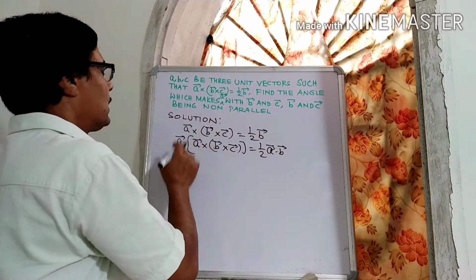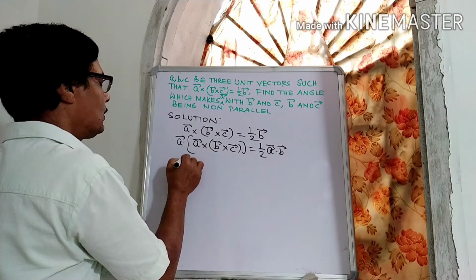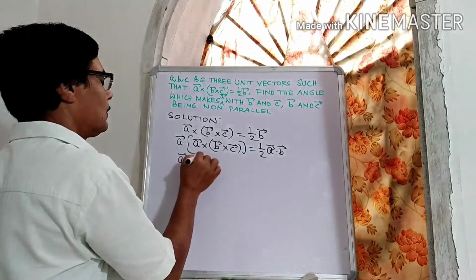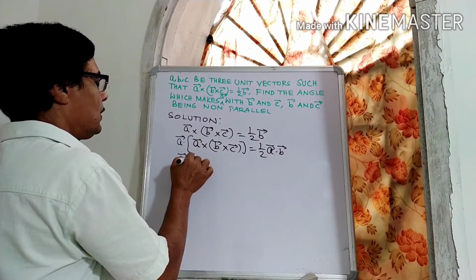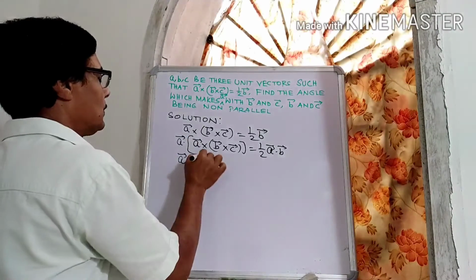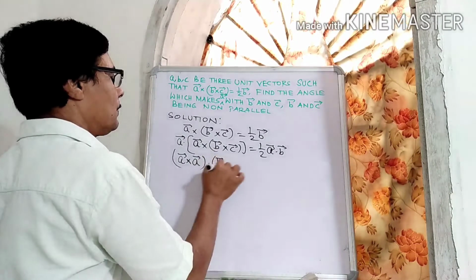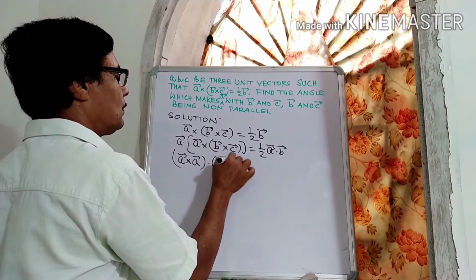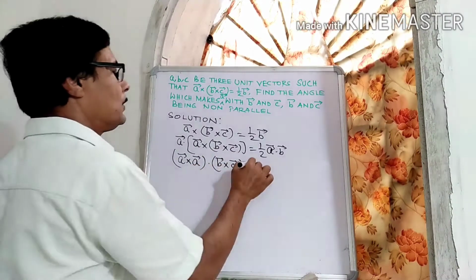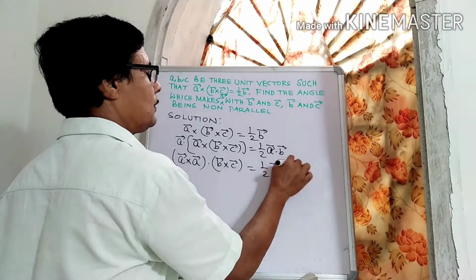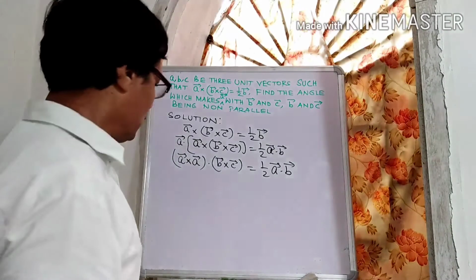So we can also write it as half of (A cross A) dot B.